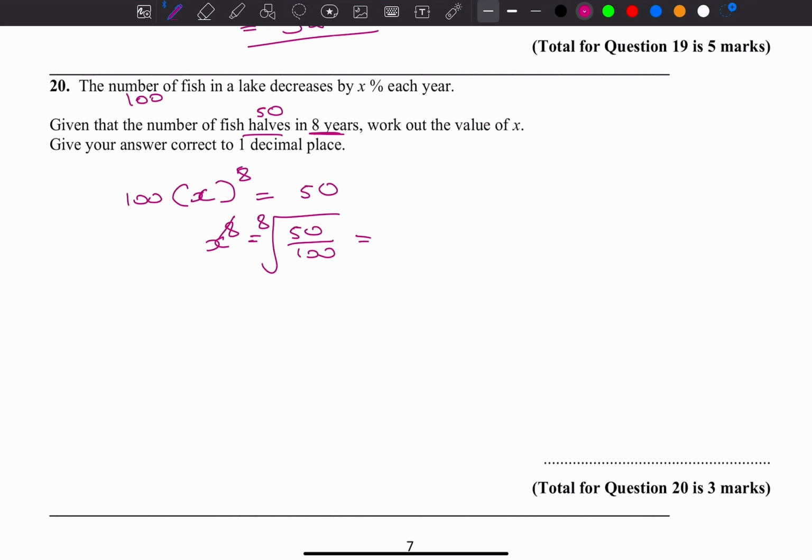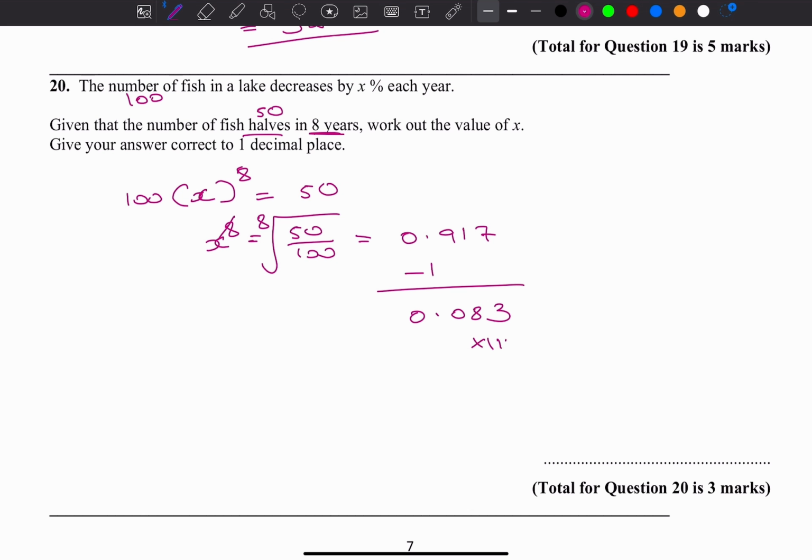0.917. And what do you do? Always take away one whole. 0.083.